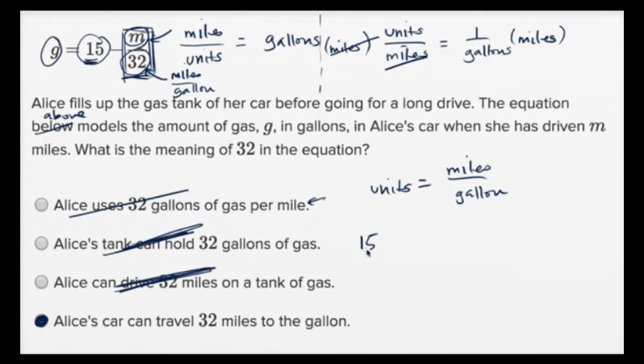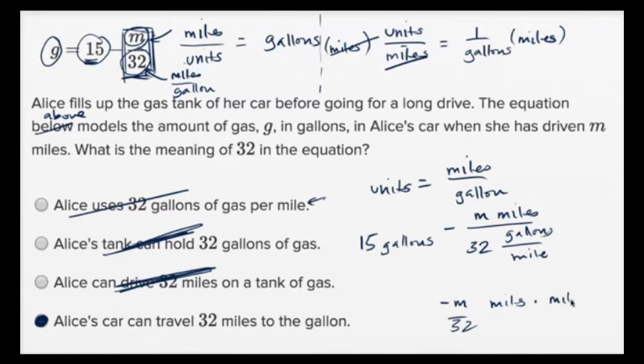If you have 15 gallons minus m miles divided by 32 gallons per mile, what would the units end up being here? You would have miles divided by gallons per mile. This is m over 32 miles times miles per gallon, and you get miles squared per gallon. You'd get these crazy units.